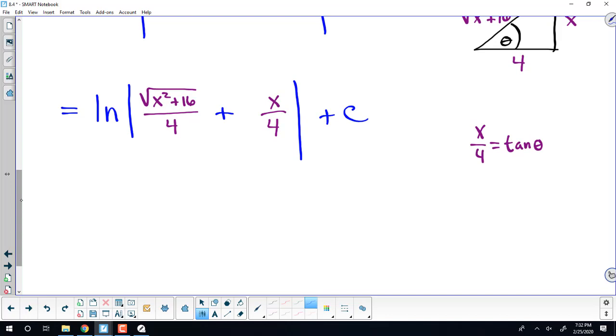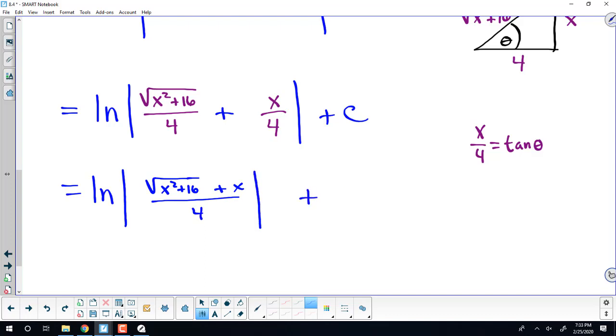The other thing that's kind of common that you might see if you're looking through your text, or if you ask MyMathLab to help you solve this, is that they might do this as well. We have the logarithm of the square root of x squared plus 16 plus x, all over 4, plus c.